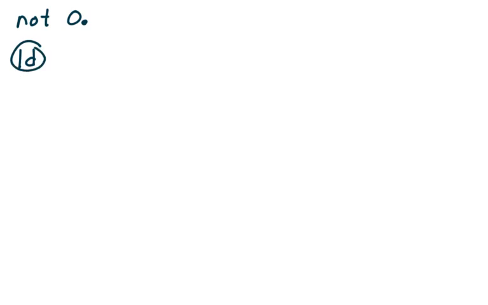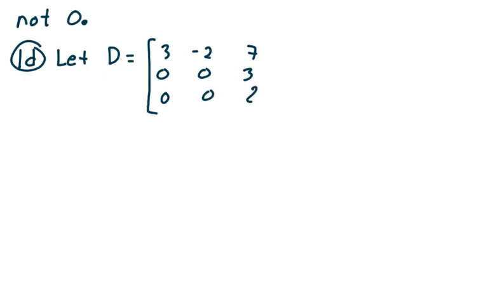Let's take a look at 1D. So I'll call this guy capital D. Capital D is the matrix 3, negative 2, 7, 0, 0, 3, 0, 0, 8. And if we look at the entries along the main diagonal, right?